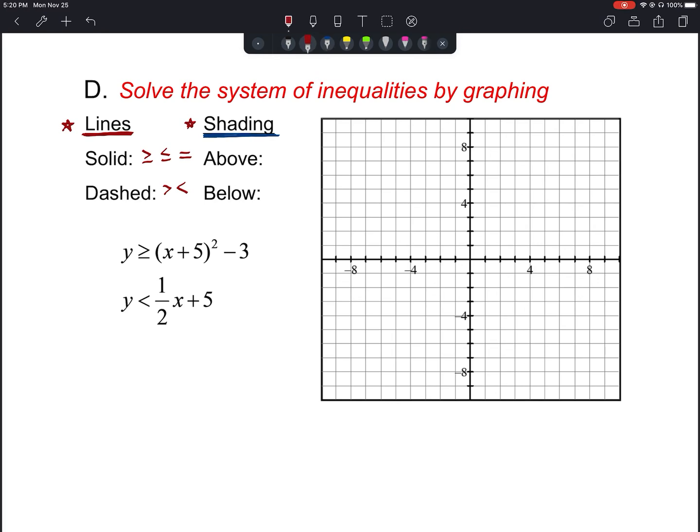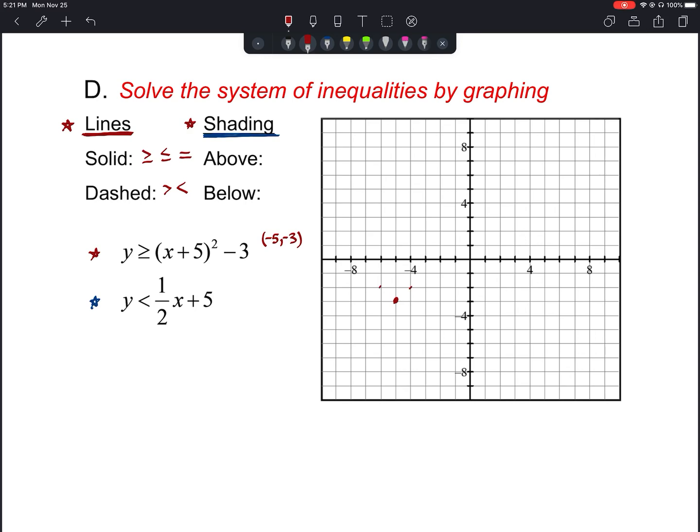So the first one we're looking at, we'll graph y is greater than or equal to the quantity x plus 5 squared minus 3. And then the second one is a line, y is less than 1/2 x plus 5. So for our parabola, the locator point would be at -5, -3. We'll plot that on there.